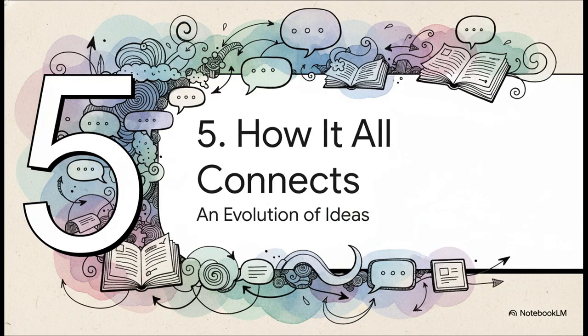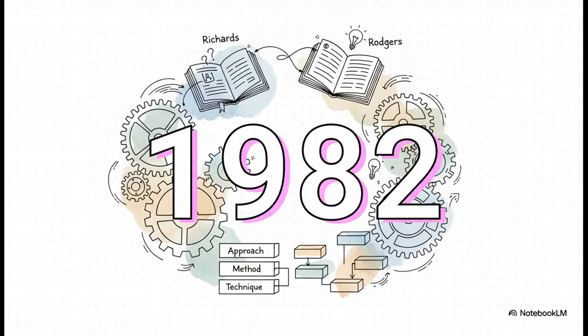Now, of course, the story doesn't just stop in 1963. Anthony's big idea kicked off a huge conversation that's been going on for decades, with other experts coming along to tweak and build on his original framework. So let's fast forward to 1982. Two other well-known linguists, Jack Richards and Theodore Rogers, took another look at Anthony's model.